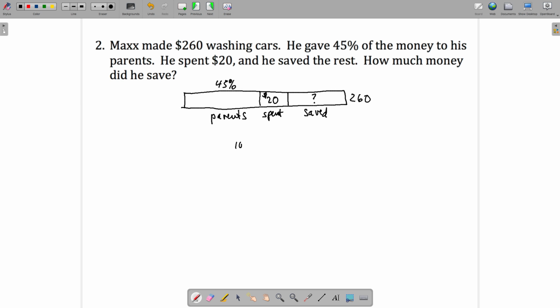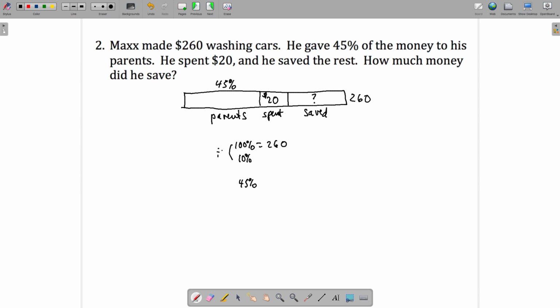So I know that 100% is equal to 260. I'll want to know what 45% is, so put that down here. I'm thinking 40% would be helpful. Let's go ahead and get 10%. That's usually a good something to work with.